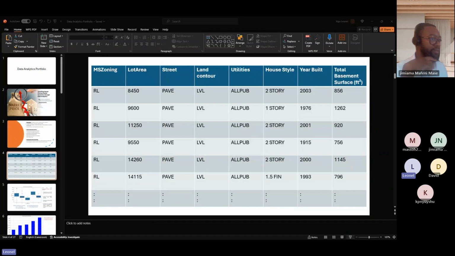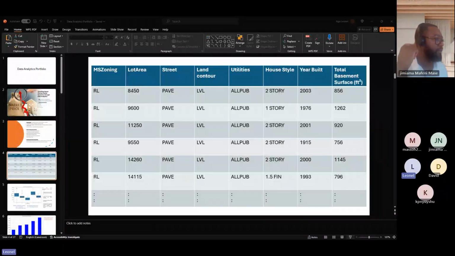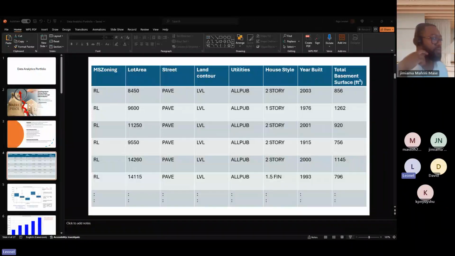Yes, so this is a snapshot of my data containing the zoning, location area, street, land contour, utilities, house style, year built, and total surface of basement. So the first business question that I answered was, how does zonal classification affect house pricing?